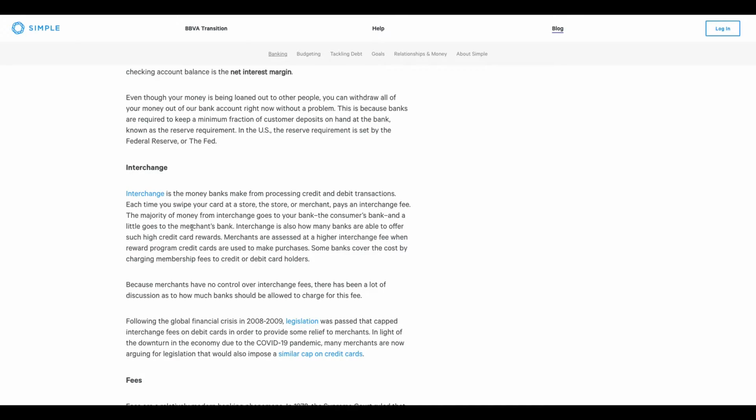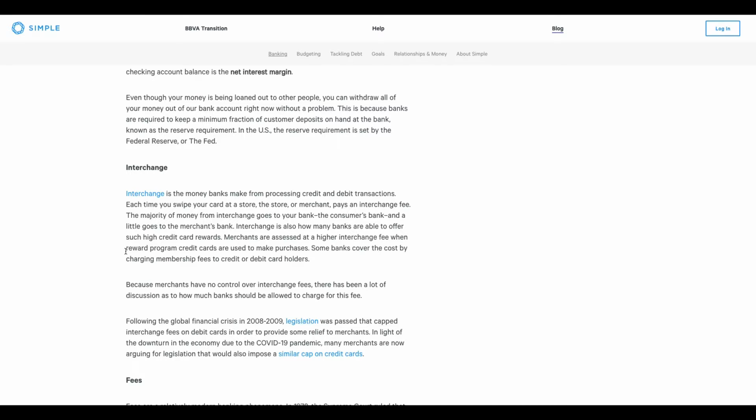Apparently this is how banks are able to give out high rewards on credit cards, and the interchange fee is higher when credit card rewards are used to make purchases.